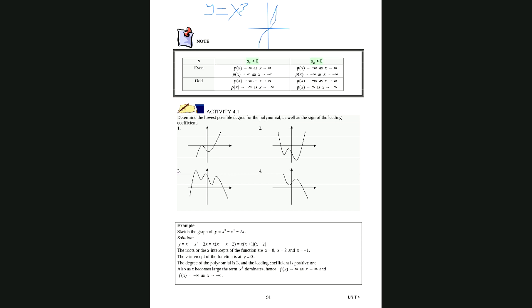Then when I have, let's say, y equals negative x cubed, this time it's going to go like this.